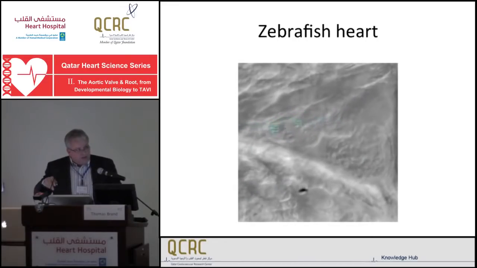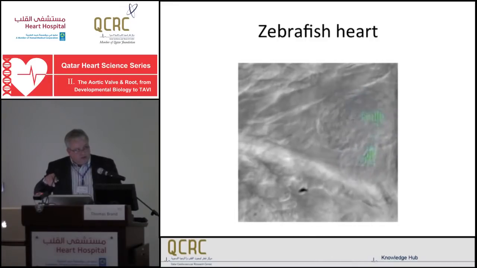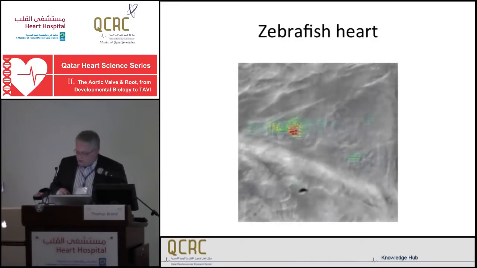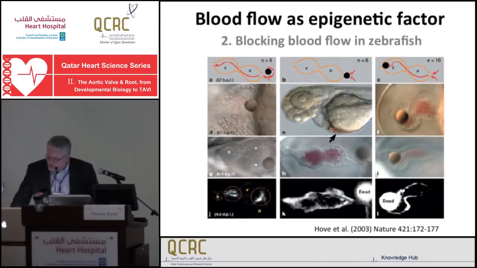This is simply the biomechanical shear stress that is visualized here. Now the ventricle has filled up, and now we see the vectorial transport through the outflow tract. This has been further analyzed in the zebrafish in a nice way.